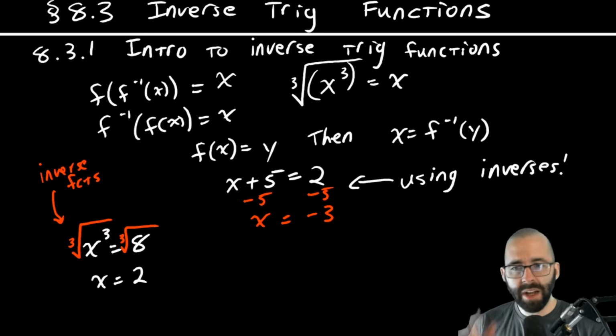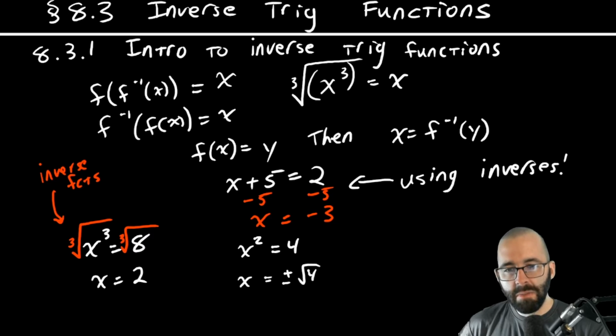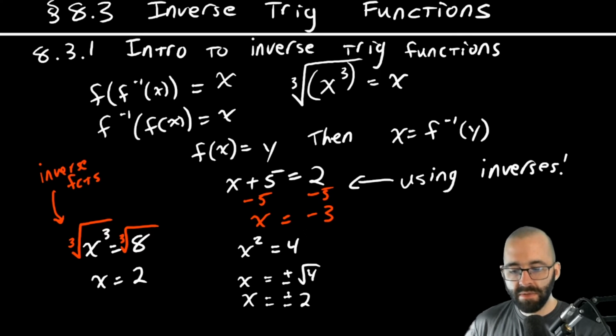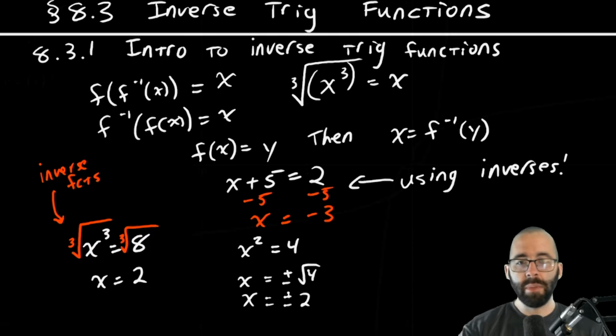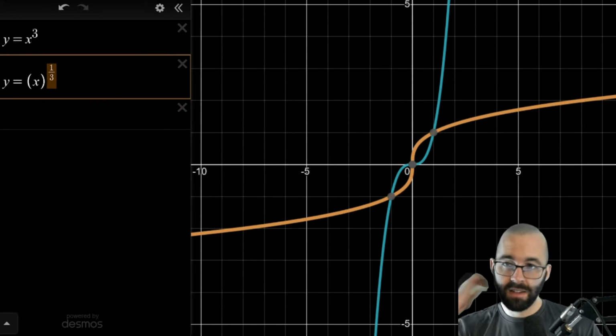One other time you might have seen inverse functions is maybe you're solving this equation. But when you take the square root, you actually get a plus or minus here, which is something a little weird. And fun fact, x squared doesn't have an inverse function. There's something that you may have heard about inverse functions, and that's called the horizontal line test.